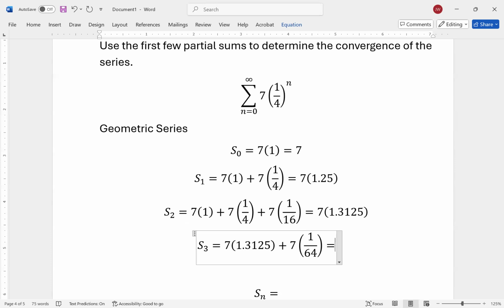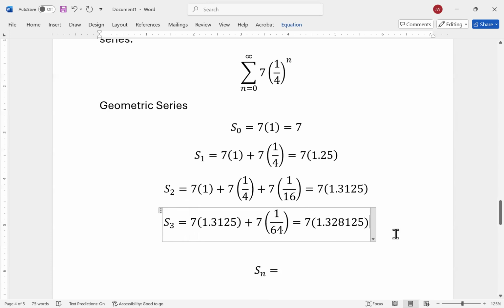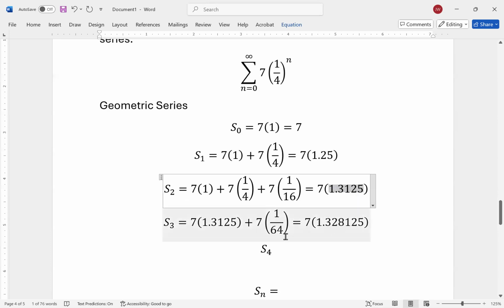When I add those together, I get 7 times 1.328125. And I can keep going with this. These are not going to be nice fractions to deal with, so that's why I'm leaving them as decimals. And hopefully I can see the pattern with decimals that we're headed to.